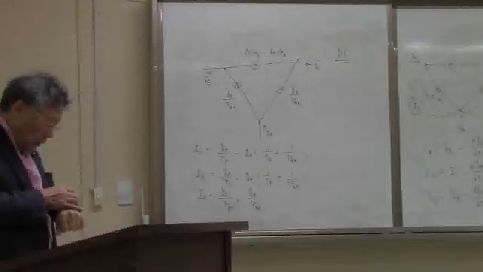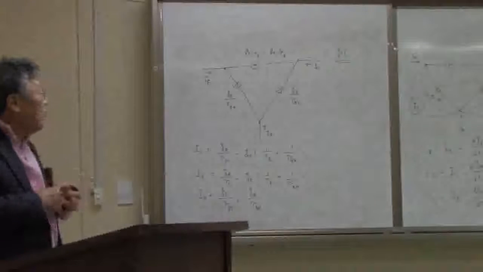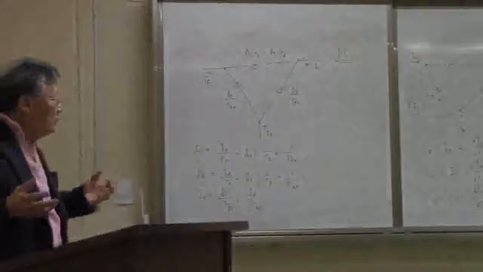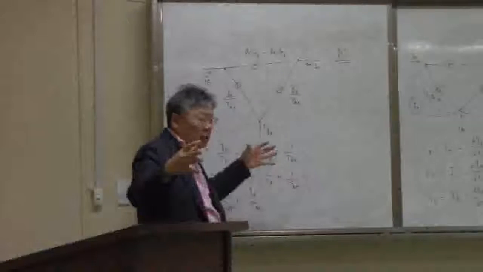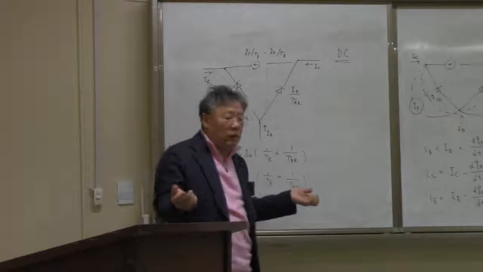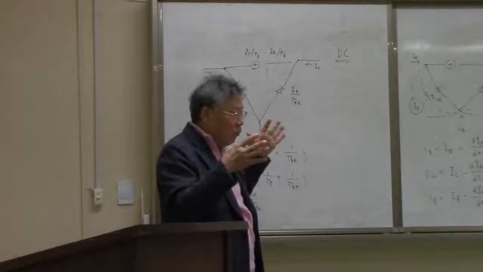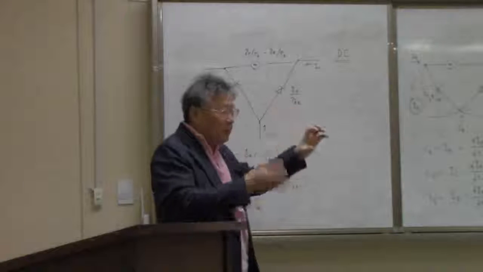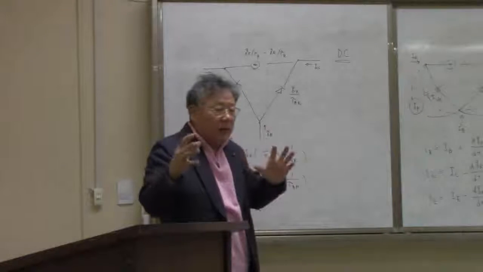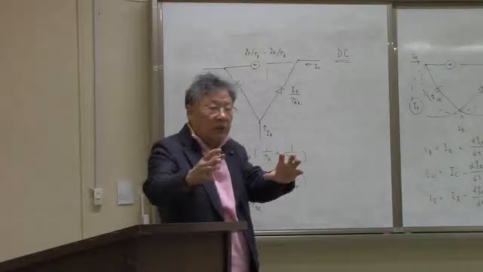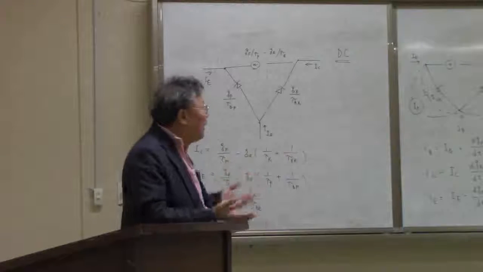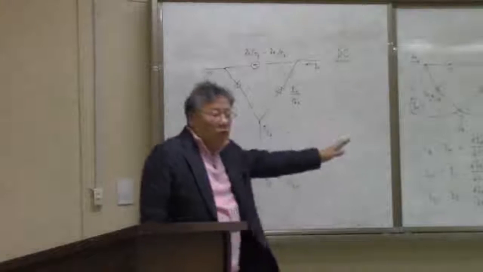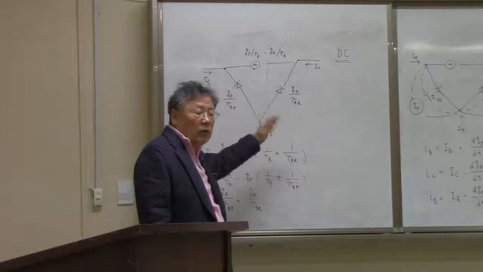Next week on Monday we're going to discuss the saturation mode. So far we have discussed the bipolar working in active mode, which is when you put the forward bias between emitter and base and reverse bias between base and collector. That is called active mode, and in that active mode this charge control model is developed accordingly.